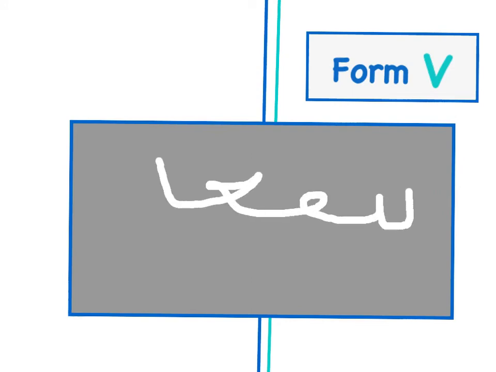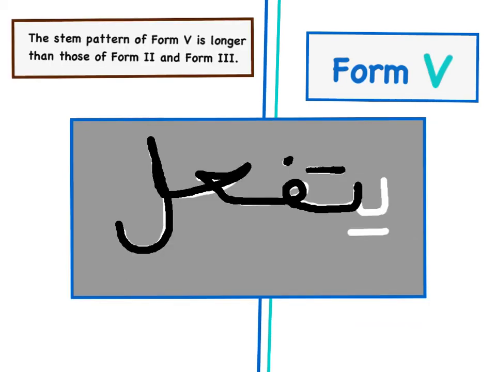Form 5, يتفاعل. The stem pattern of Form 5 is longer than those of Form 2 and Form 3.